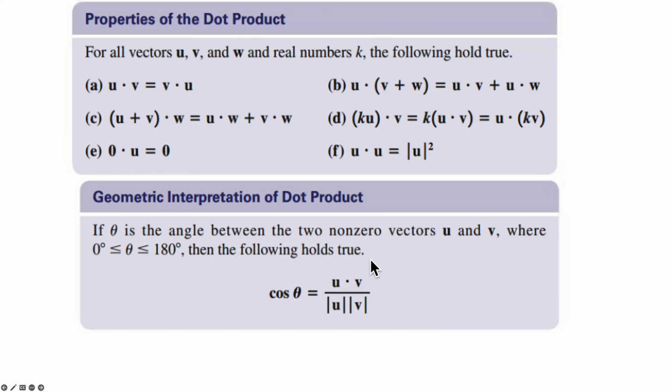All right, dot product properties. It's commutative. u dot v is the same as v dot u. If you want to add two vectors together first and then dot it with another vector, it's the same as taking the u dot v, the u dot w, and adding those two real numbers together.